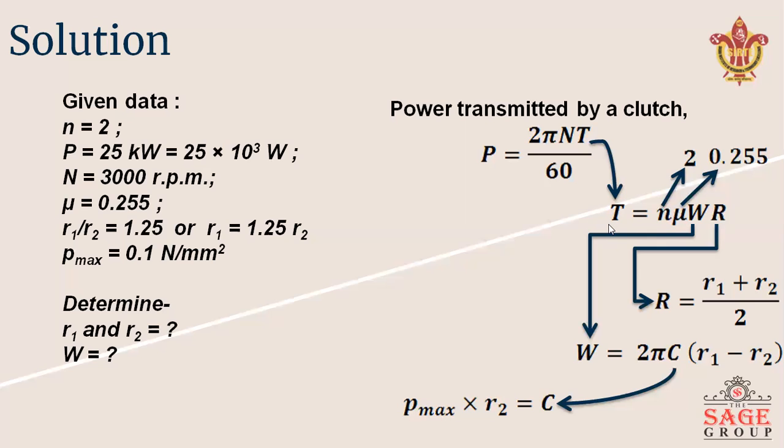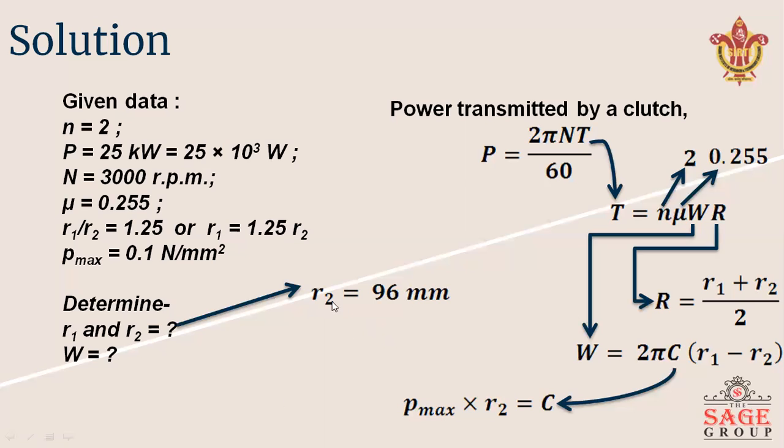By substituting all the values and solving, we have the value of R2 equal to 96 mm.